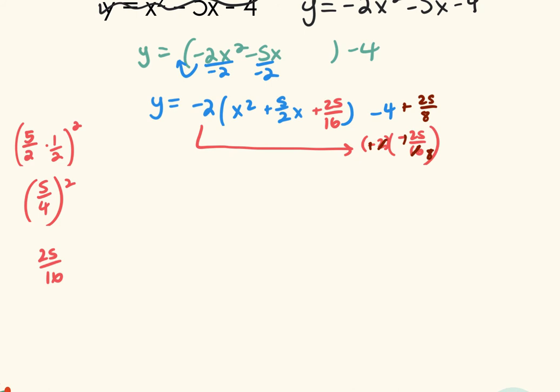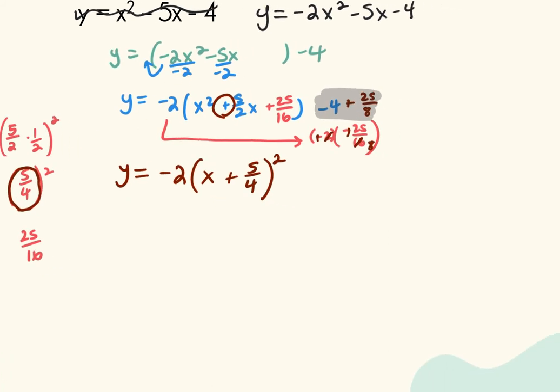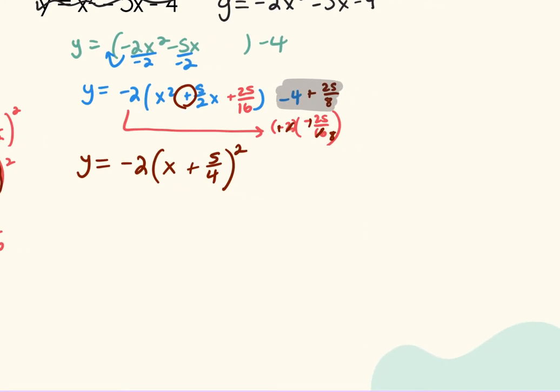Okay, so now I can factor the parentheses. I would square root the first term, square root that second term, which would be back to when I just divided by 2, 5/4. Take the sign from the middle, which is positive, put it in the parentheses and square it. And then -4 plus 25/8, I have to give that -4 an 8 as a denominator.